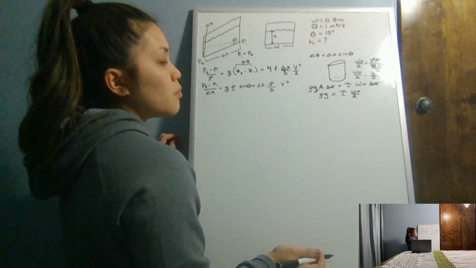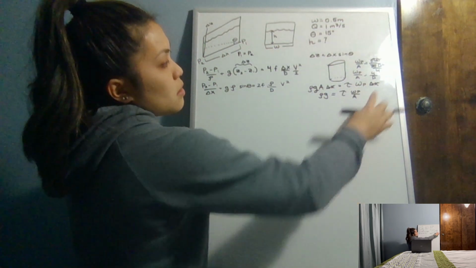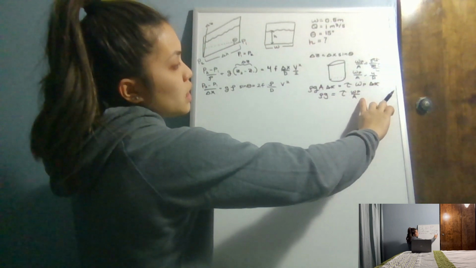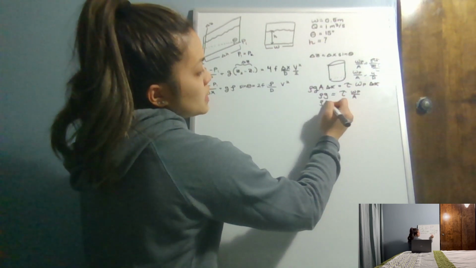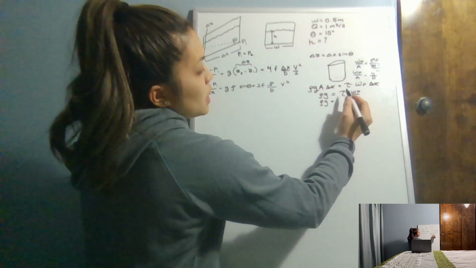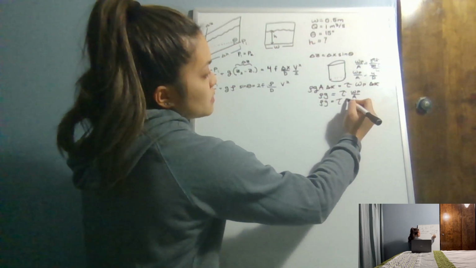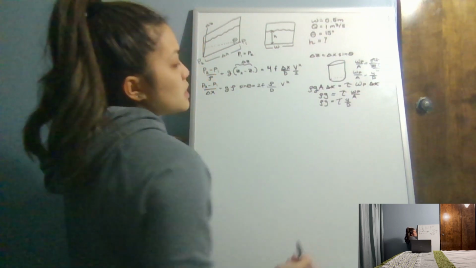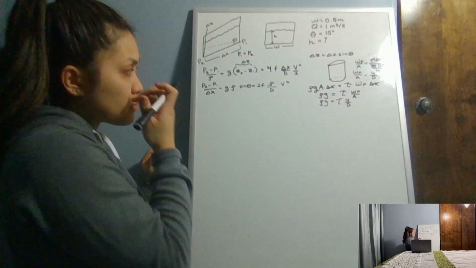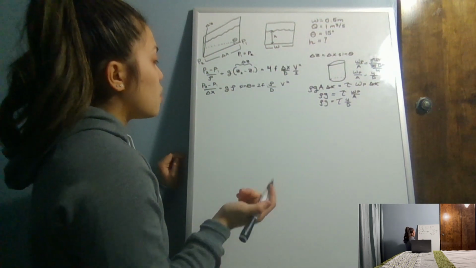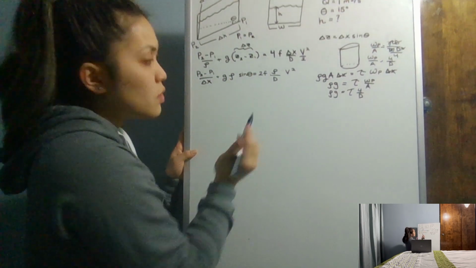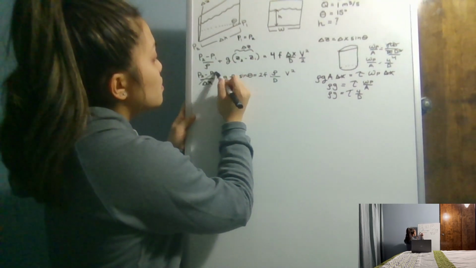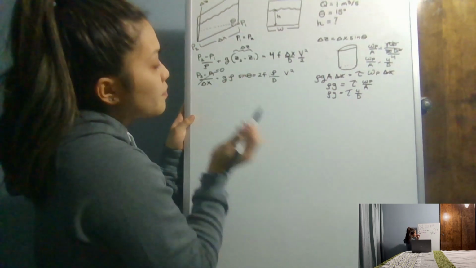What we can do is plug that in here. We'll have the density times the gravitational acceleration equal to the shear stress times 4 divided by the diameter. Because the pressures at position 1 and 2 equal one another, this term will cancel and be equal to 0.